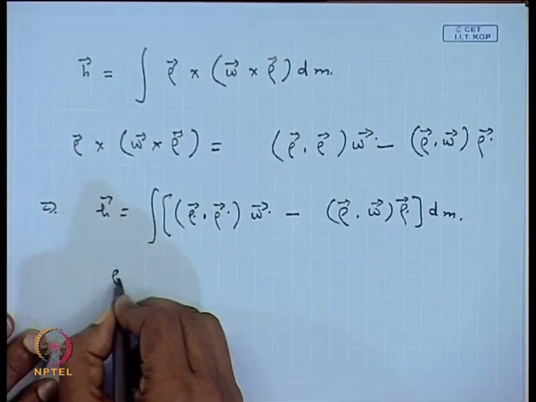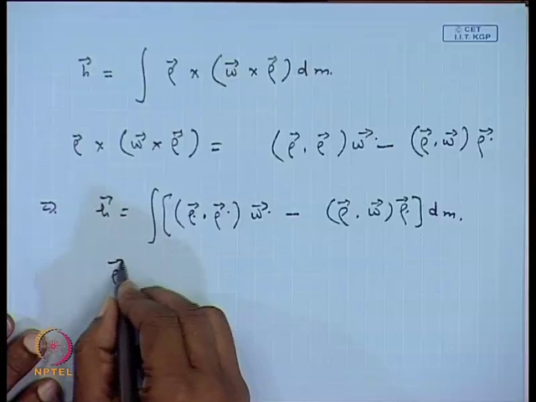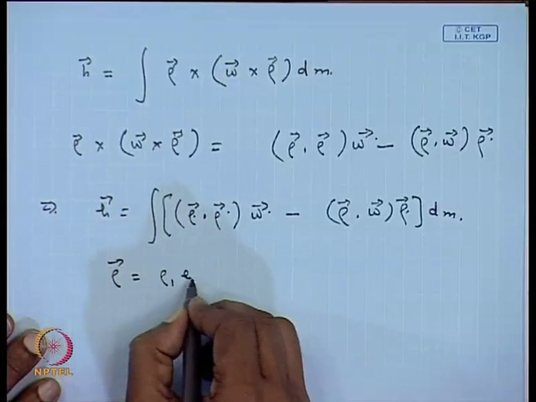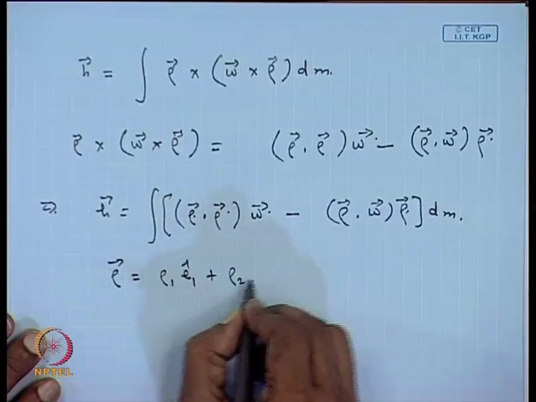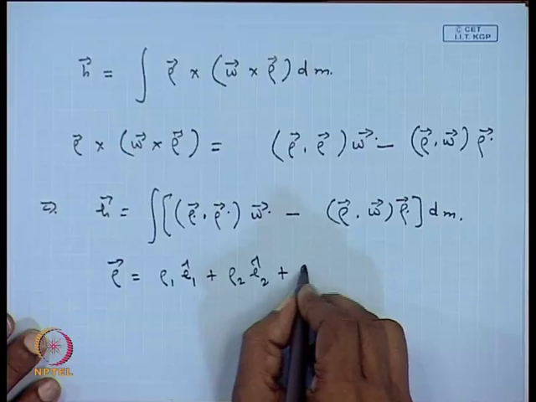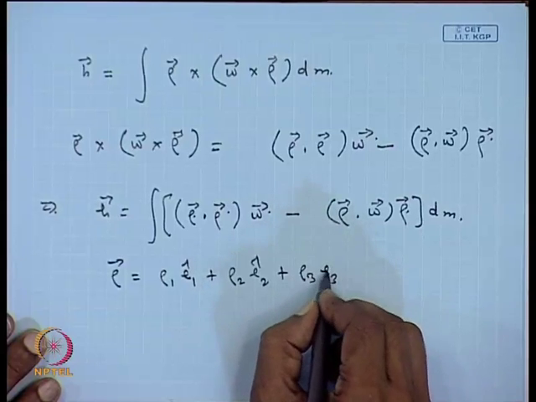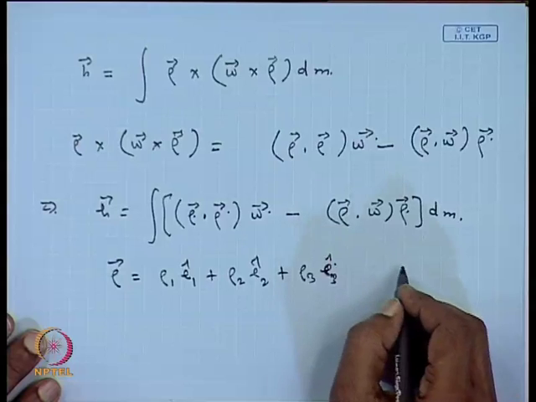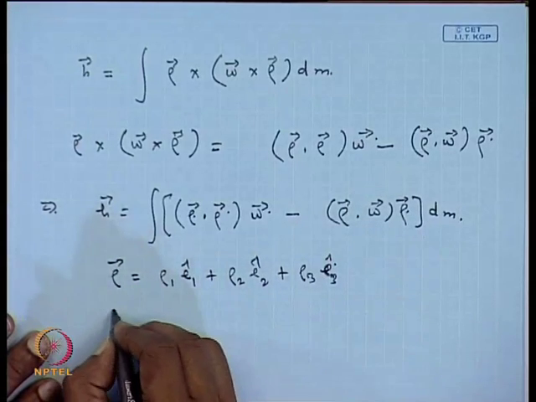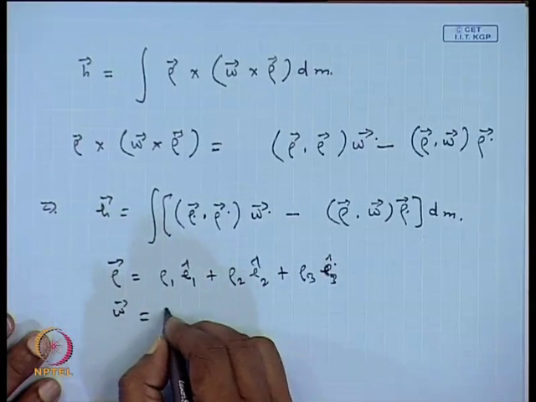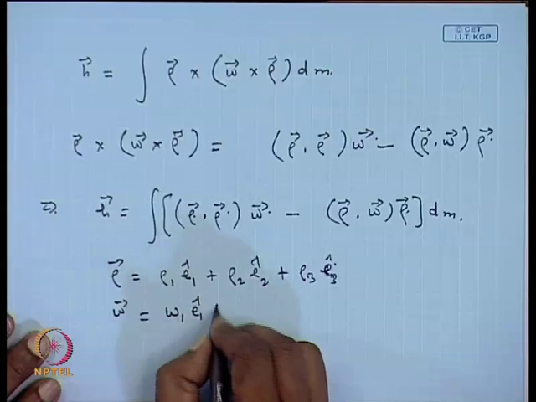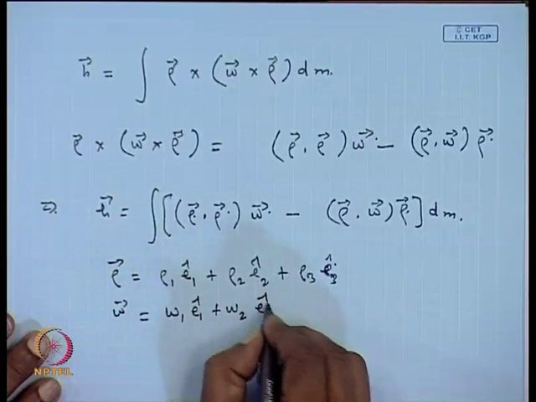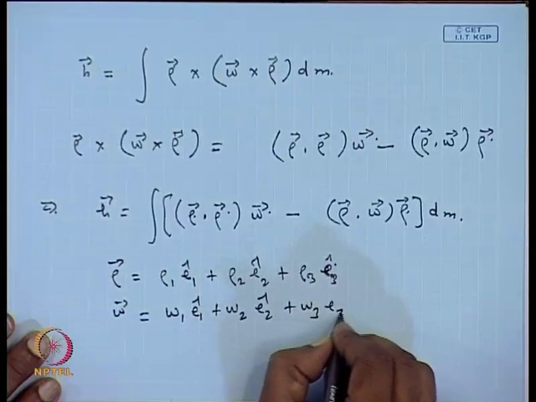So, we can write rho equal to rho 1 E 1 plus rho 2 E 2 plus rho 3 E 3, and omega we have already written in terms of omega 1 E 1 plus omega 2 E 2 plus omega 3 E 3.